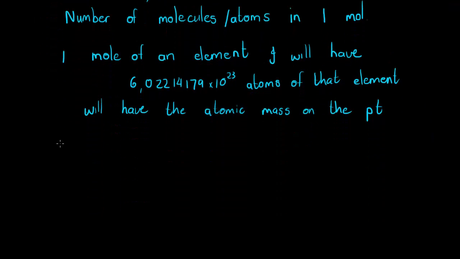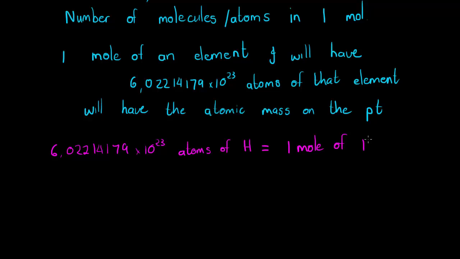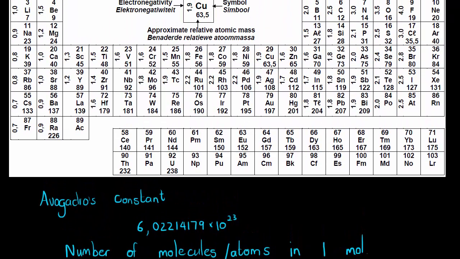Let me write it like this: 6.02214179 times 10 to the 23 atoms of hydrogen will equal 1 mole of hydrogen will equal 1 gram. Technically, if I weren't rounding so much, it would be 1.01, but this table only goes to 1 decimal place.